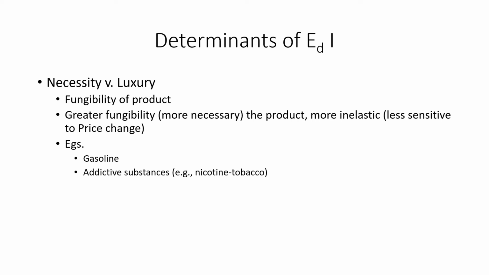So when we deal with things like gasoline or addictive substances like cigarettes, we could say the same thing with heroin or cocaine or anything else. If it's an addictive substance, it's very inelastic. Addicts are not going to be sensitive to the price change because they have an addiction.